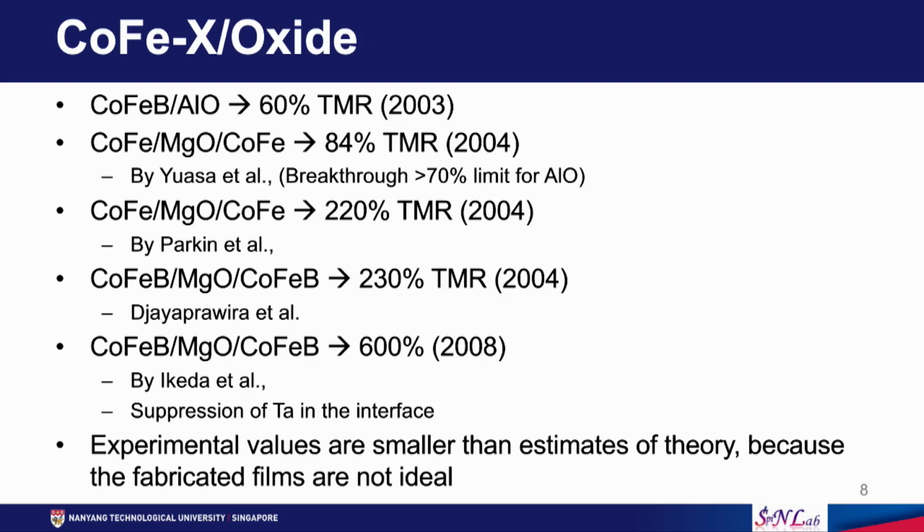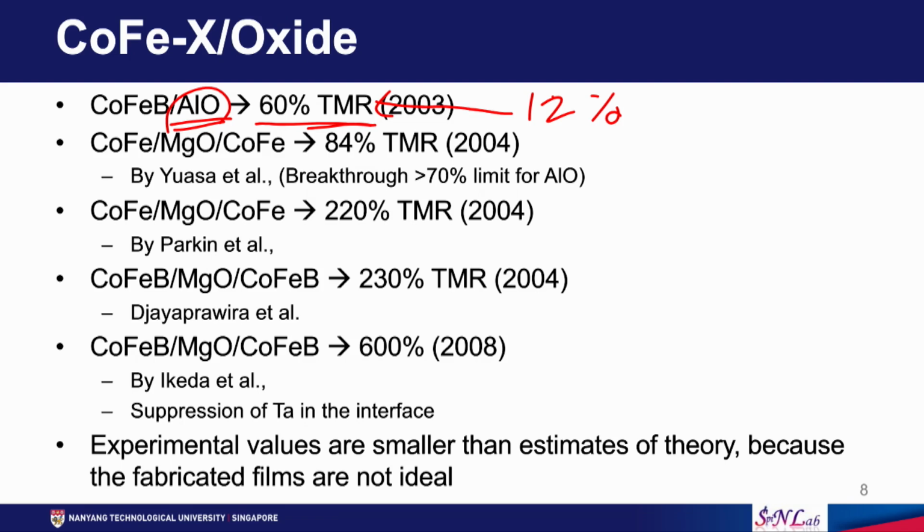If you look at the history, for many years until 2003, people were working on amorphous aluminum oxide, improving the property of aluminum oxide by various processings. They could go all the way to maybe 60% TMR. The first paper reported around 12 or 13% TMR. From there they could go to 60%, slowly improving the processes, but they could not go beyond.